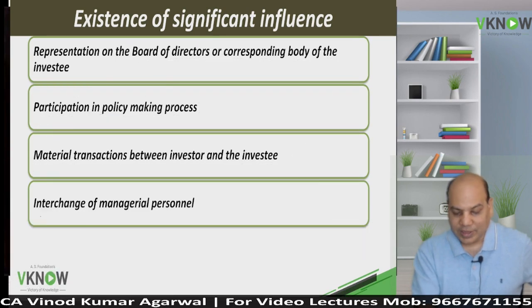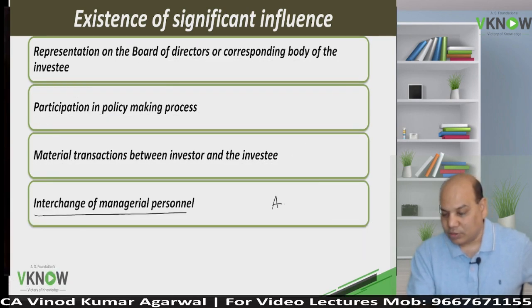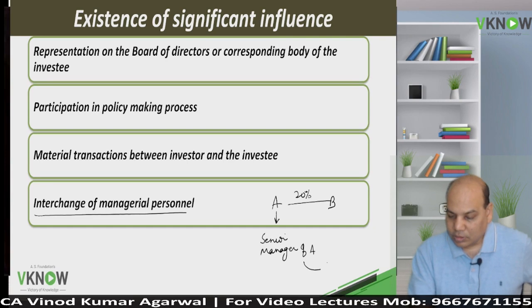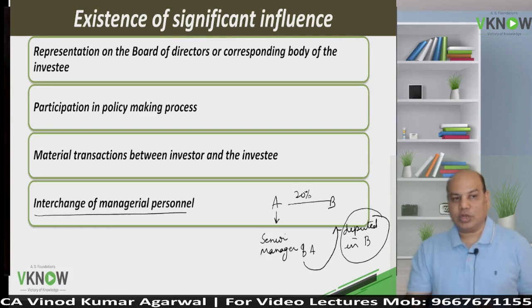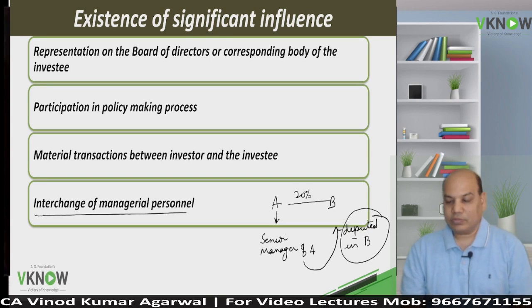Another example is interchange of managerial personnel. A is holding say 20% share in B, and senior managers of A are deputed in B. That means they are working in B for some work, for some project.